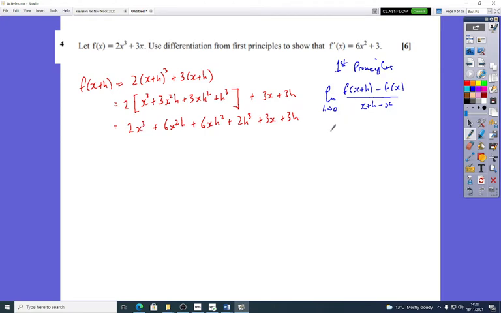This can be simplified to the limit as h tends to 0 of f of x plus h minus f of x, all over h.